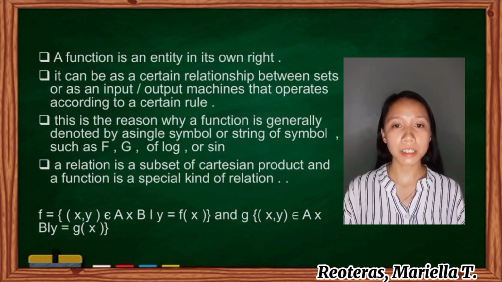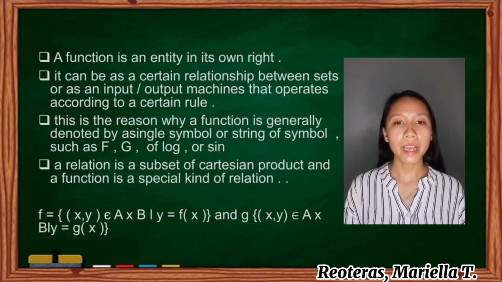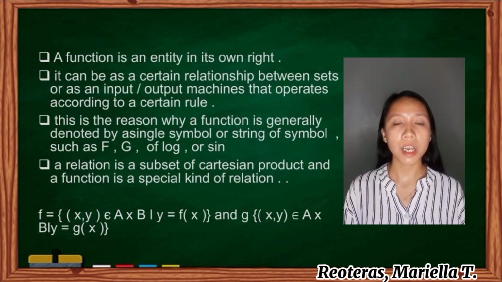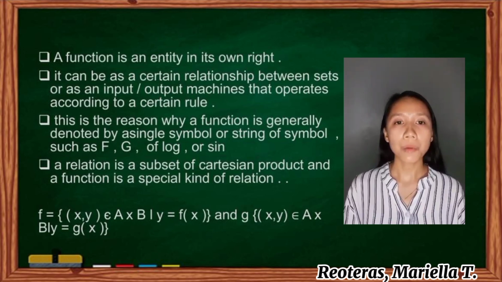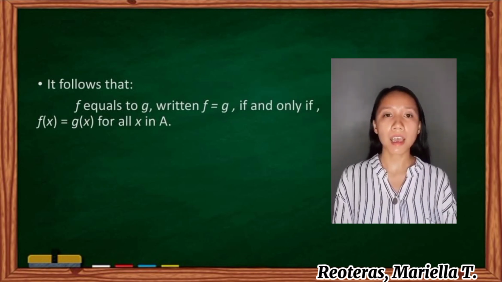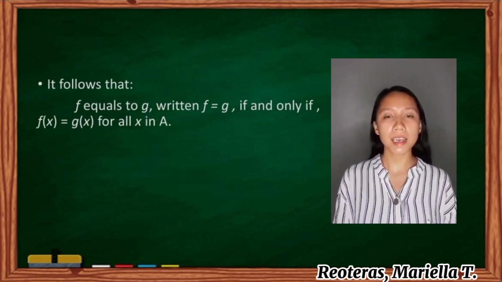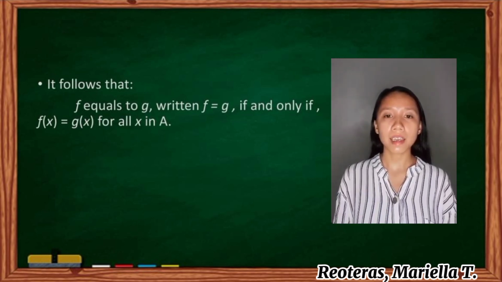A relation is a subset of a Cartesian product, and a function is a special kind of relation. F equals the set of (x, y) in A times B such that y equals f of x, and G equals the set of (x, y) in A times B such that y equals g of x. It follows that F equals G, written F equals G, if and only if f of x equals g of x for all x in A.